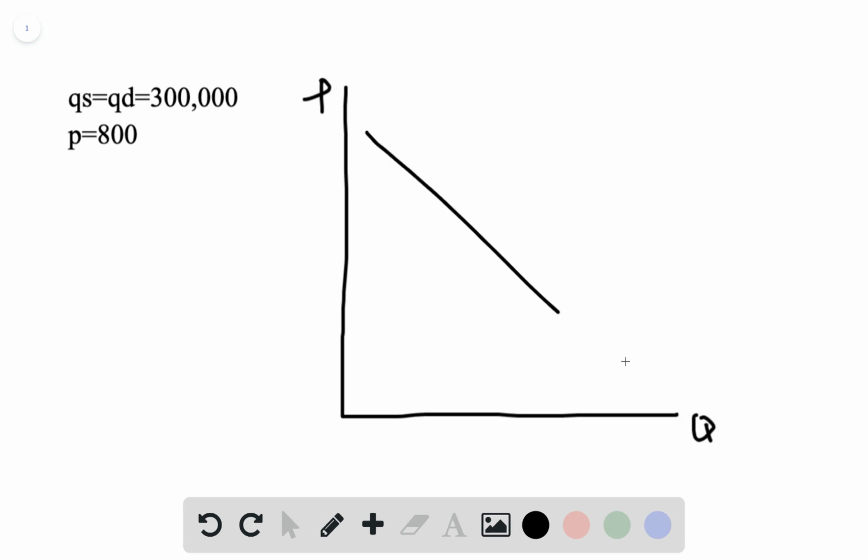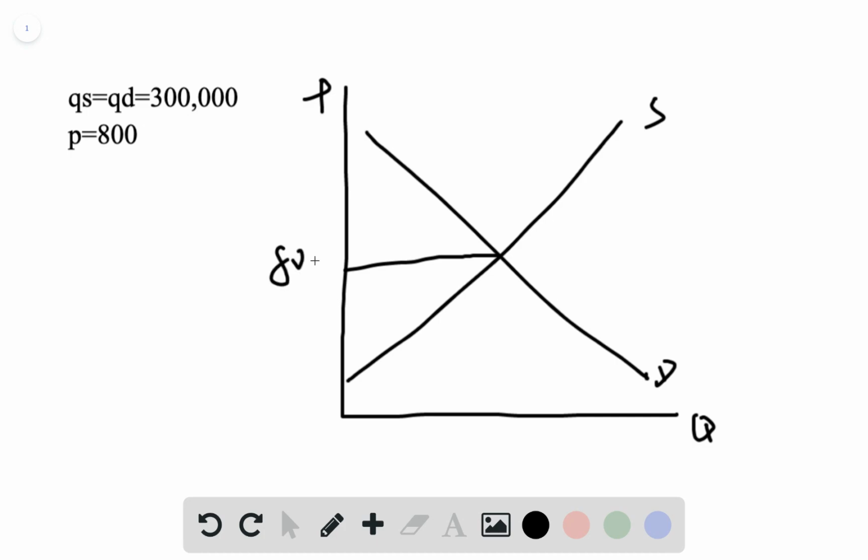So if we draw the graph, you know that the equilibrium price is 800 and the equilibrium quantity is 300,000. Okay, so this is part A, and part A also asks, will there be any renters who are unable to find an apartment to rent, or any landlords who are unable to find a renter for an apartment?